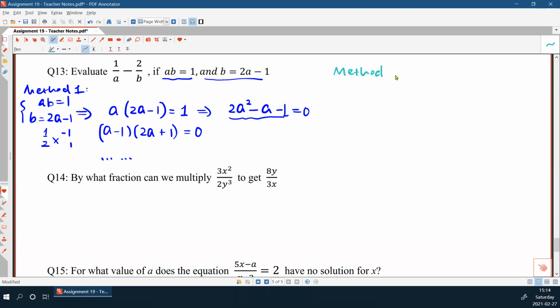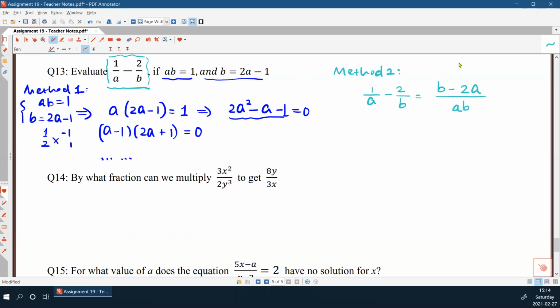Let's call it method 2. This time, before we solve A and B, let's solve from this expression. You want to evaluate this expression. When you change it to a single fraction, you will get (B minus 2A) over AB.